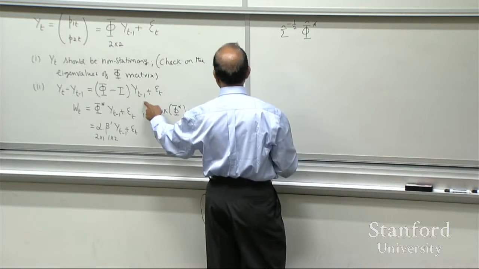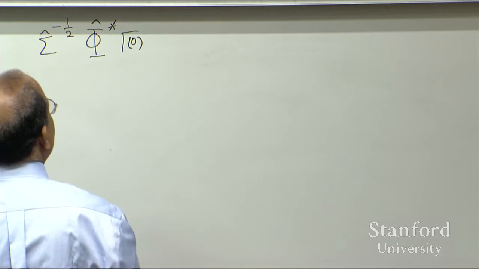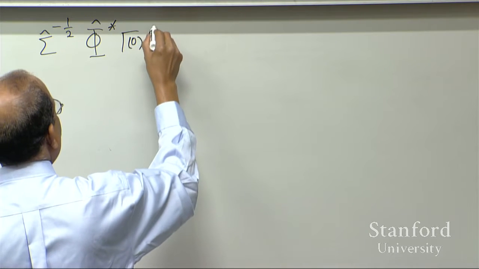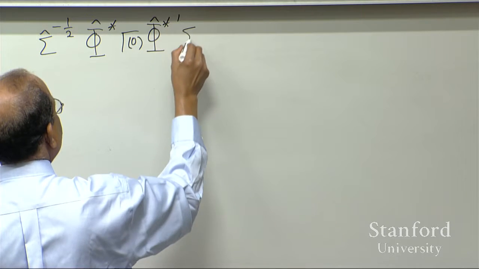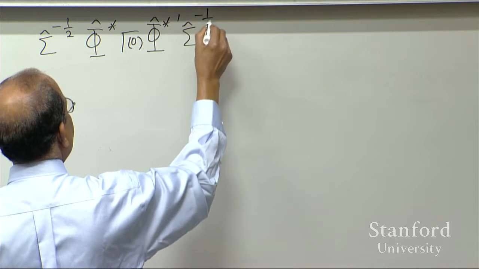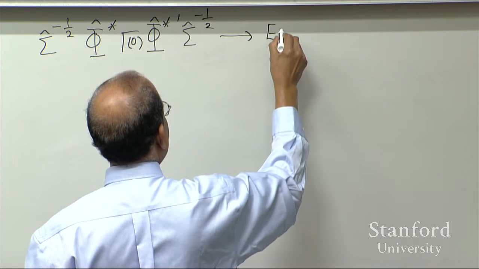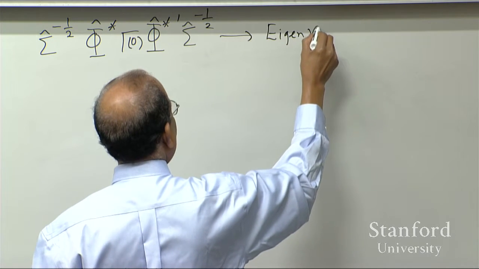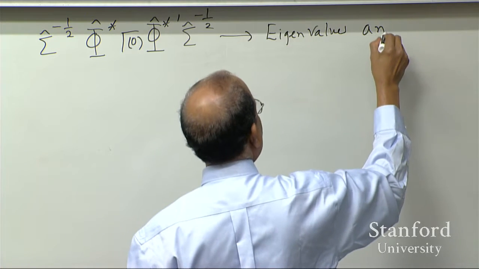So, in this case, this is going to be gamma 0 times pi hat star prime sigma hat to the power minus f. So compute the eigenvalues and eigenvectors of this.